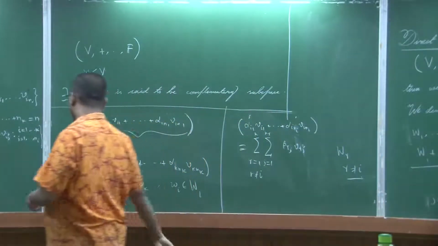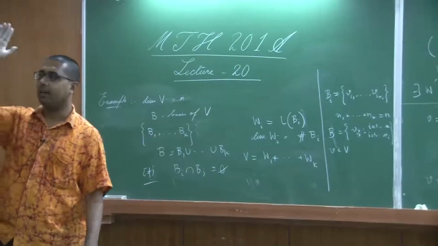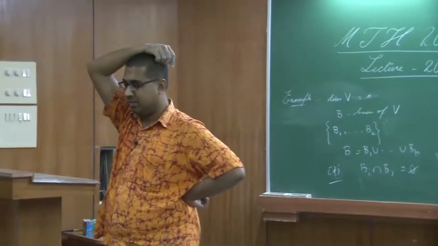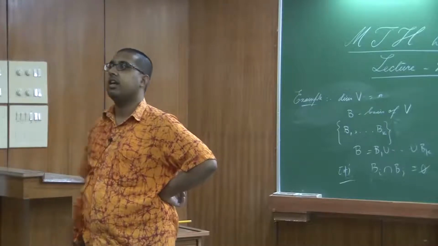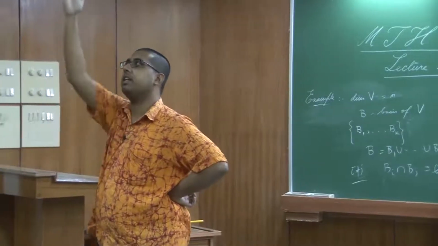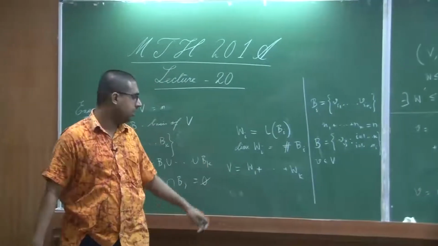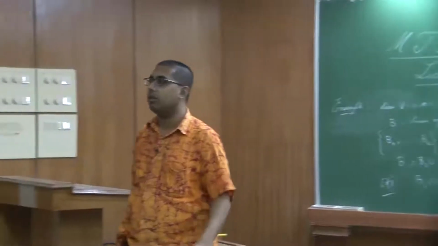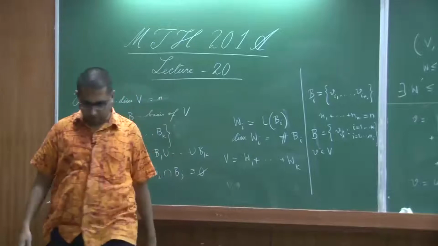So, we have shown that starting with a basis, if I make any partition of the basis and, corresponding to each piece of that partition, take its linear span, then the sum is direct, and the sum is equal to the whole vector space V.